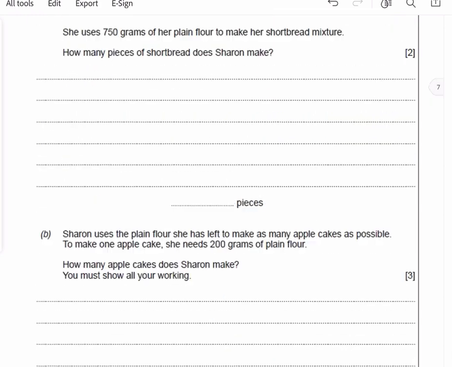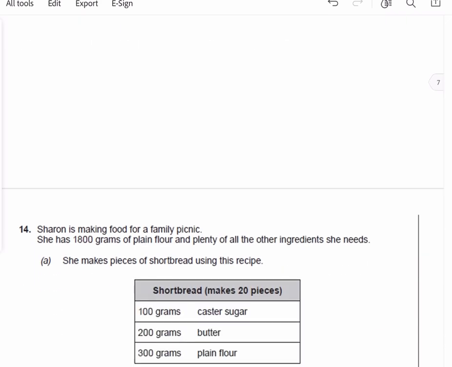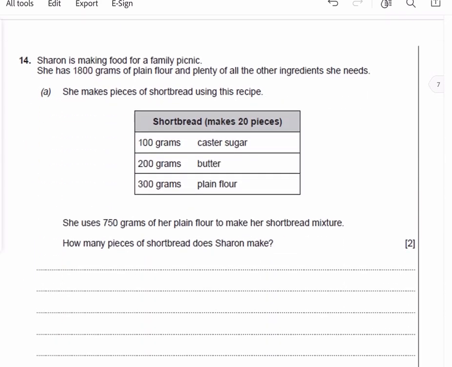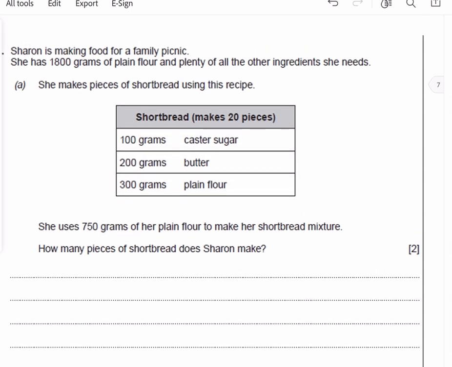Okay, this is a non-calculator question. This is a cooking question. So Sharon is making food for a family picnic.